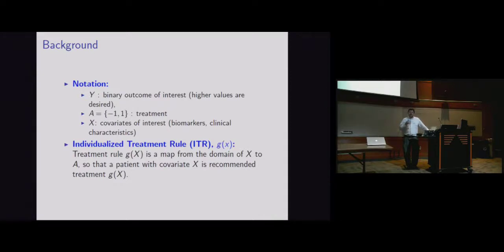And then you've got covariates of interest X. An individualized treatment rule is essentially a mapping from your X space, your covariate space, to the treatment A, so that a patient with covariate X gets mapped to treatment g of X. Okay? So it's just a rule. It tells you input X, you spit out treatment A.